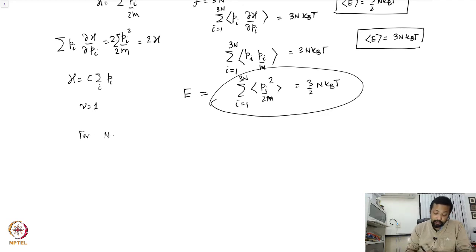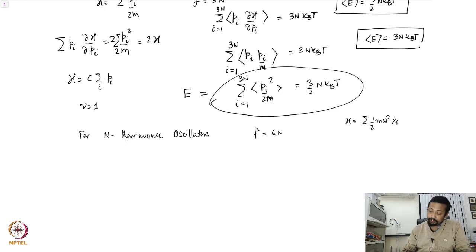For n harmonic oscillators in 3 dimensions, your degrees of freedom f is 6n. Your Hamiltonian is the sum over half m omega squared xi squared plus pi squared over twice m, where i runs from 1 to 3n, so you have 6n degrees of freedom, and nu is 2.